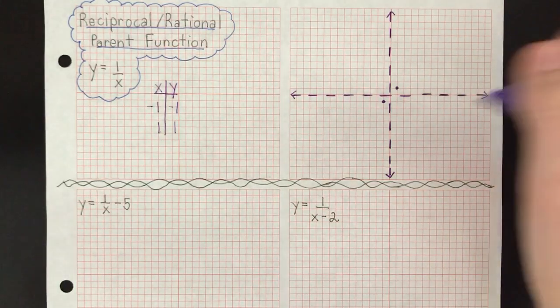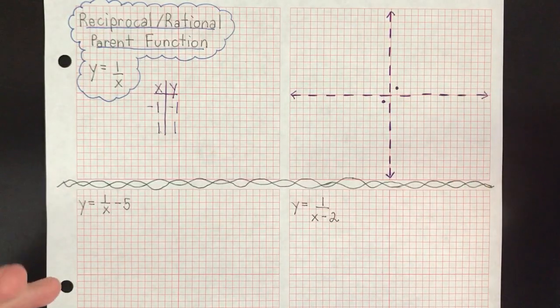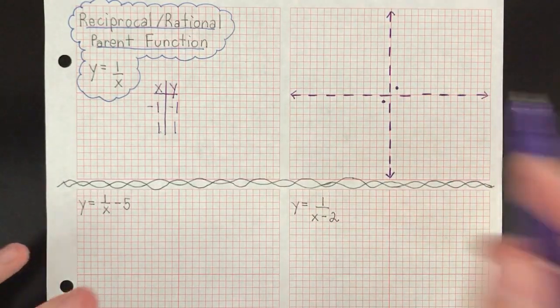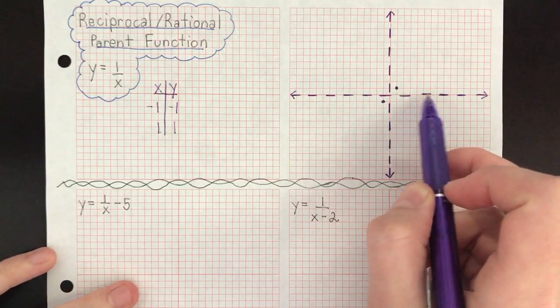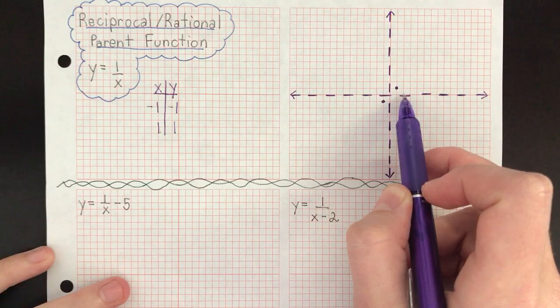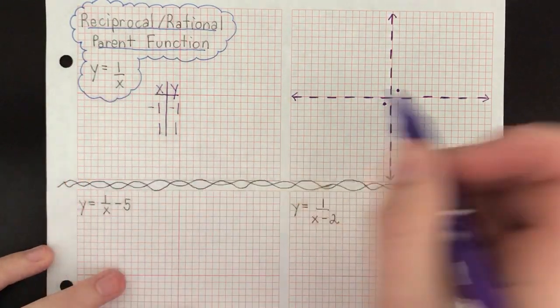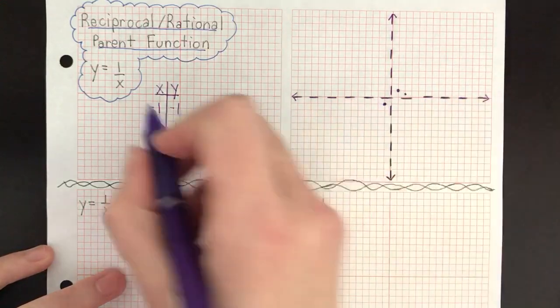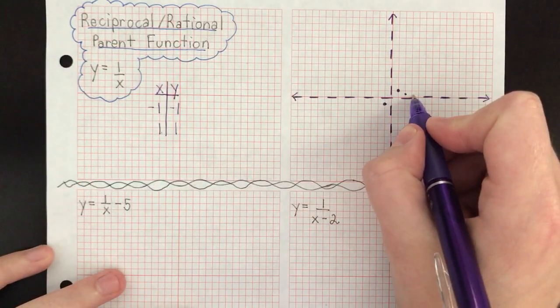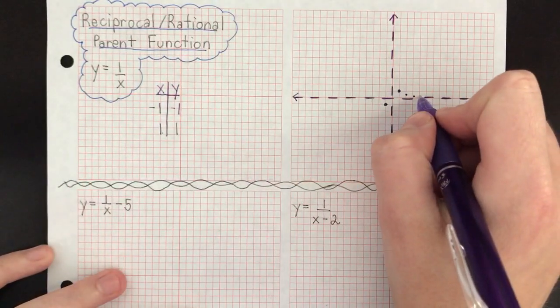So I also want you to think about what this graph is doing. We have these 2 points, but what exactly are they doing? Well, if you think about continuing to plug in these positive x values, if you plug in 2, like I had stated earlier, that would be 1/2. If you plug in 3 for x, your y value would be 1/3. If you plug in 4 for x, your y value would be 1/4.